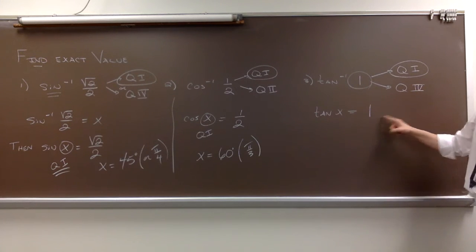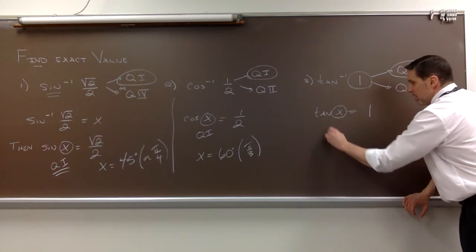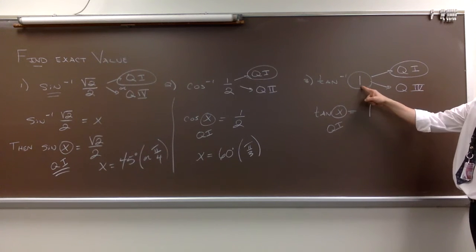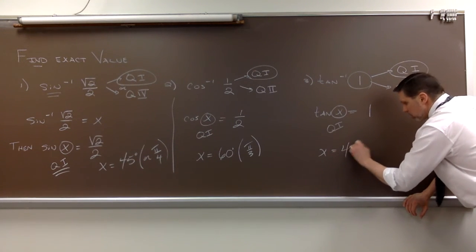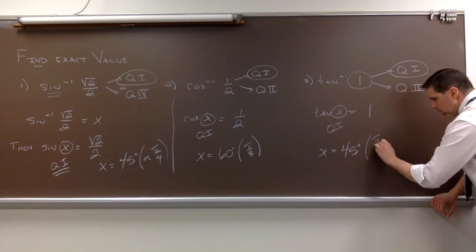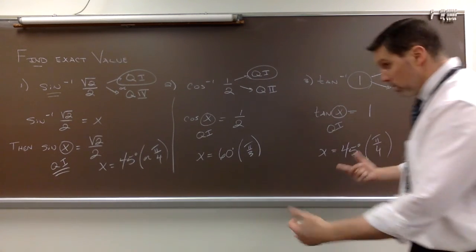Now, tangent of what value is 1? If you look at your chart, or if you get this memorized, which I recommend, we're going to be talking quadrant 1 here, because this value is positive. So therefore, we're looking at 45 degrees. Tangent of 45 degrees is equal to 1, or we could say that in terms of radians as pi fourths. Right?